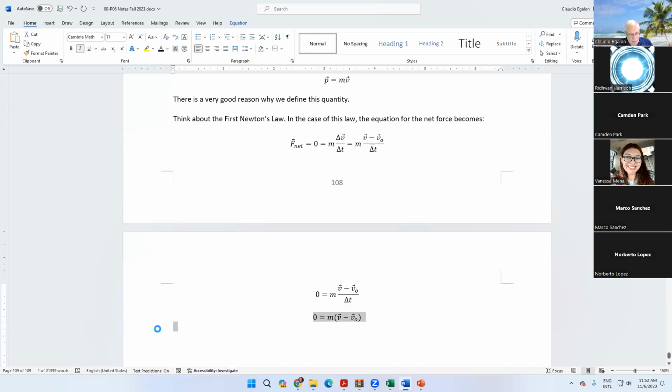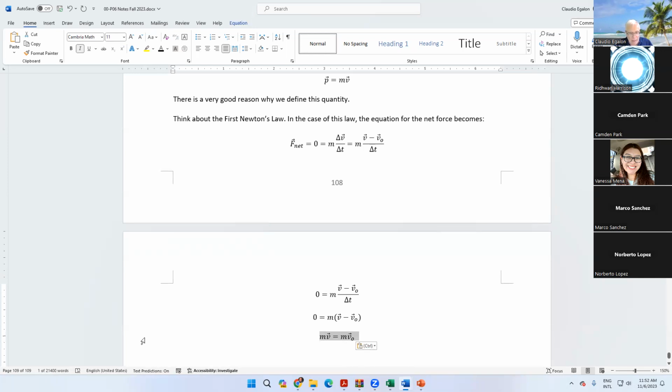We are going to have that the final momentum is equal to the initial momentum. Do you see that happening here? That's why linear momentum is so important.